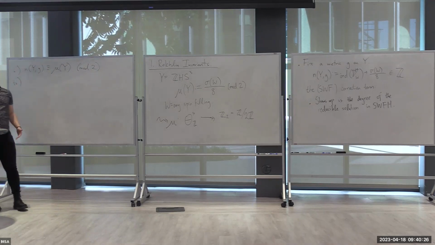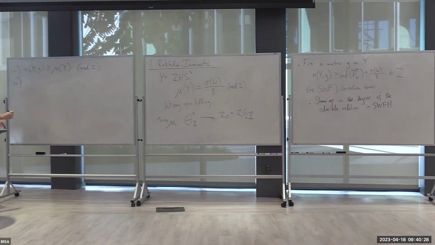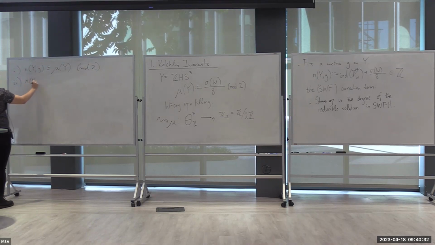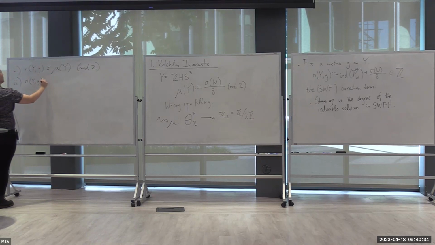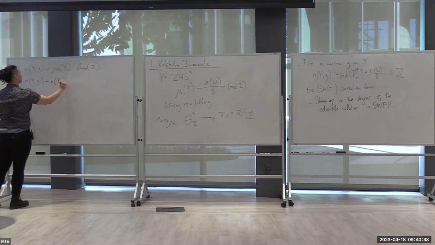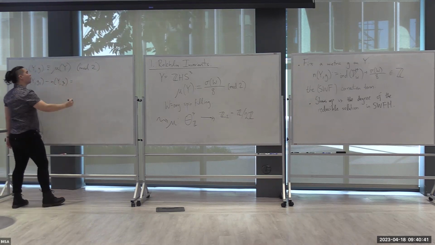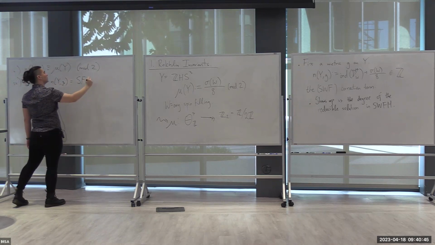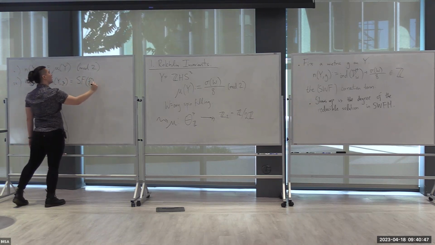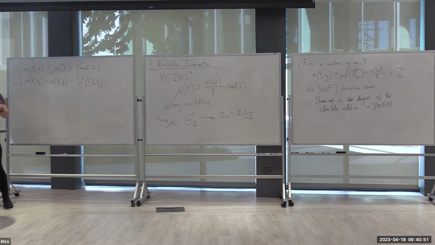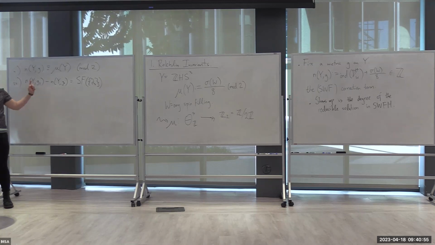Then we could say something about how it depends on the metric. Let's say I pick two metrics, g0 and g1, and look at the difference of these correction terms. This is going to be equal to the spectral flow of the Dirac operator along any one-parameter family of metrics connecting g0 and g1.